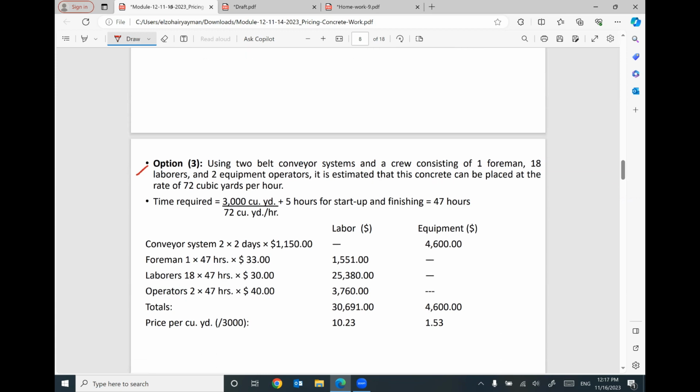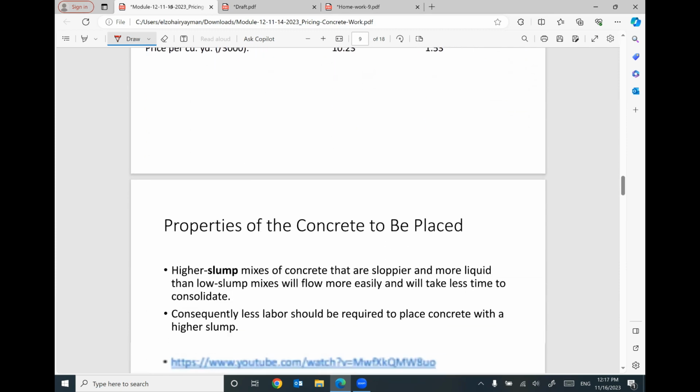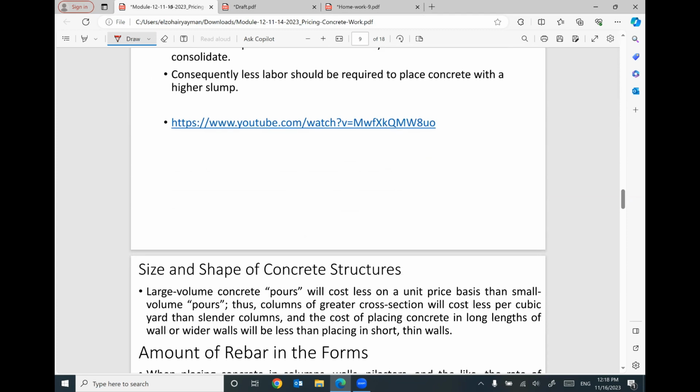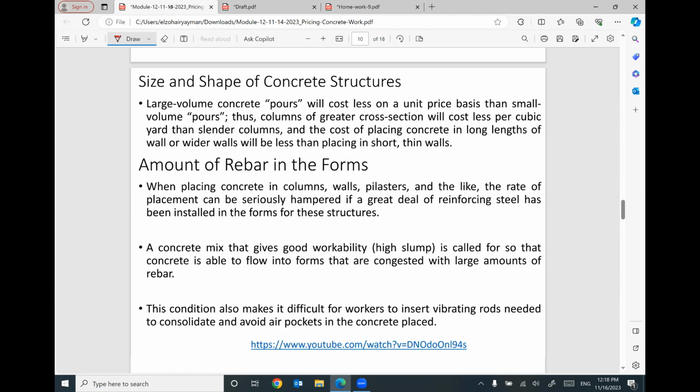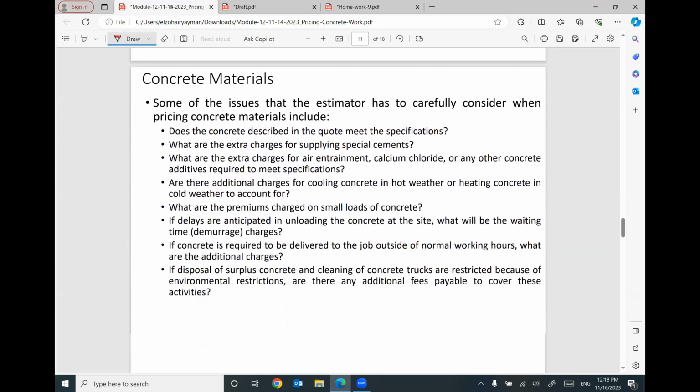So this is the first part, if you would like to talk about labor and equipment to pour concrete. But keep in your mind, concrete as a material has different specifications, and we need to answer this question.